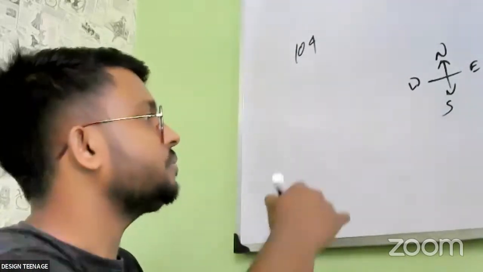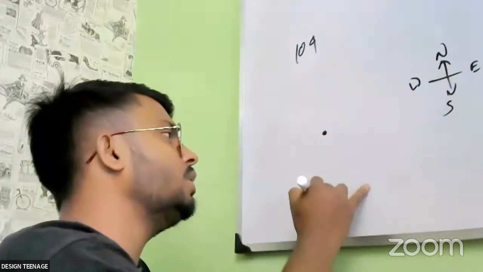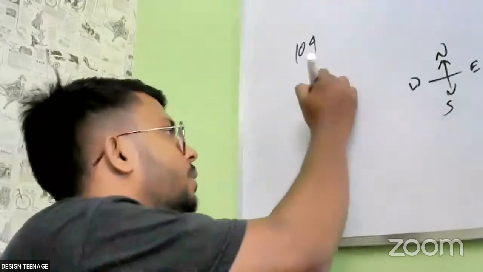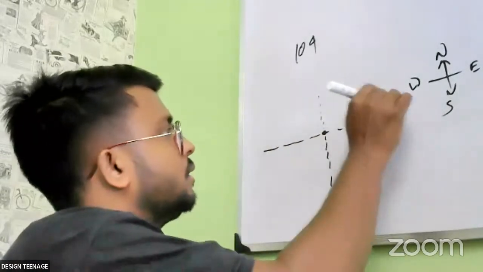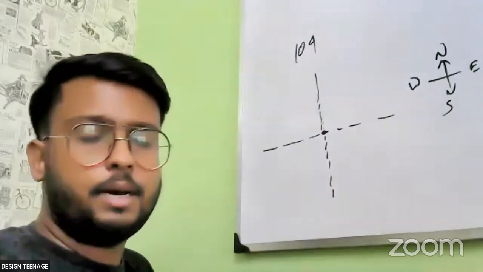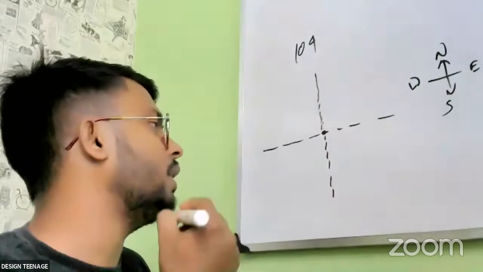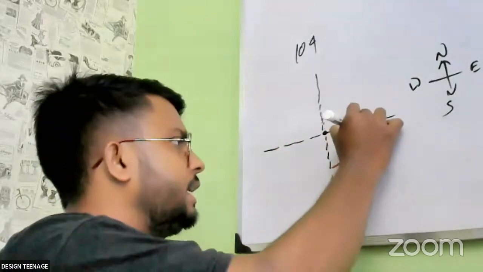after you solve it. This is north, south, east, west. I am standing over here, ground zero. First, I am turning anti-clockwise 135 degrees. First anti-clockwise I turn 90 degrees.